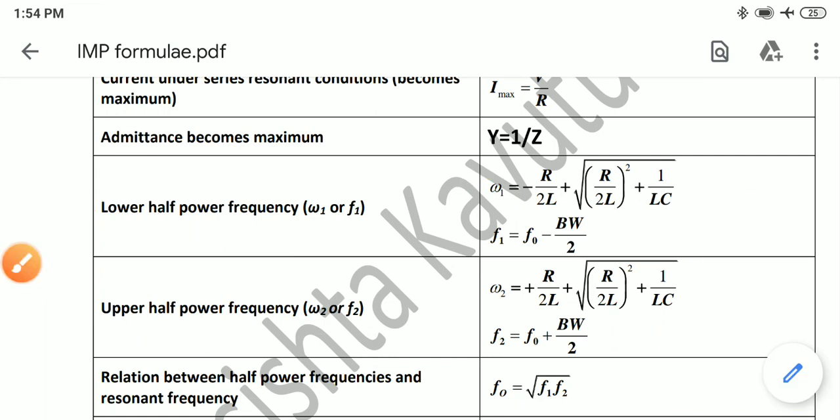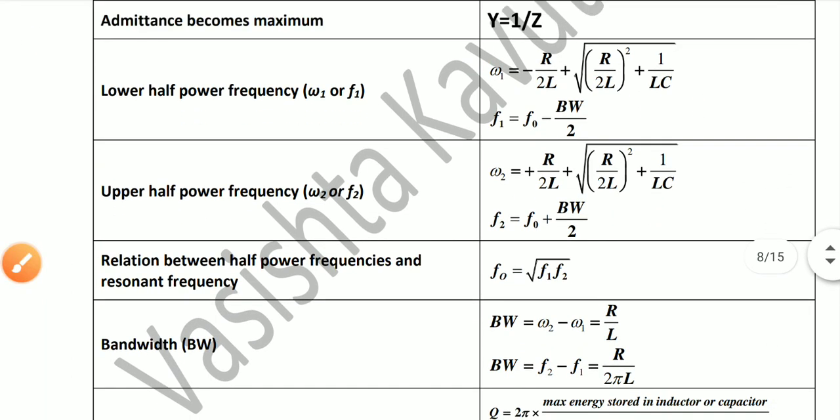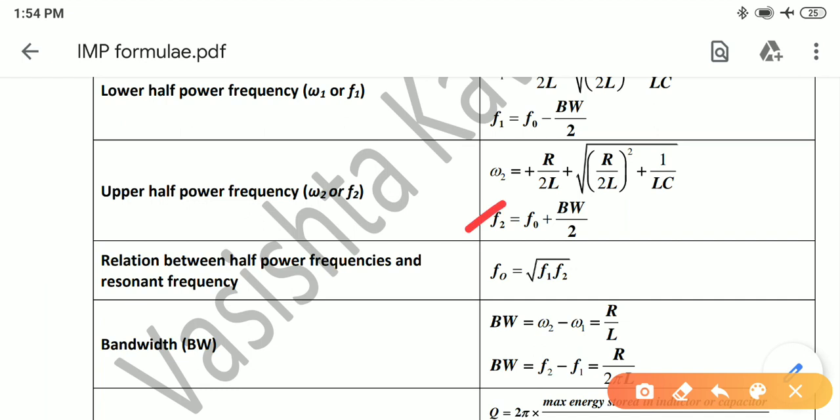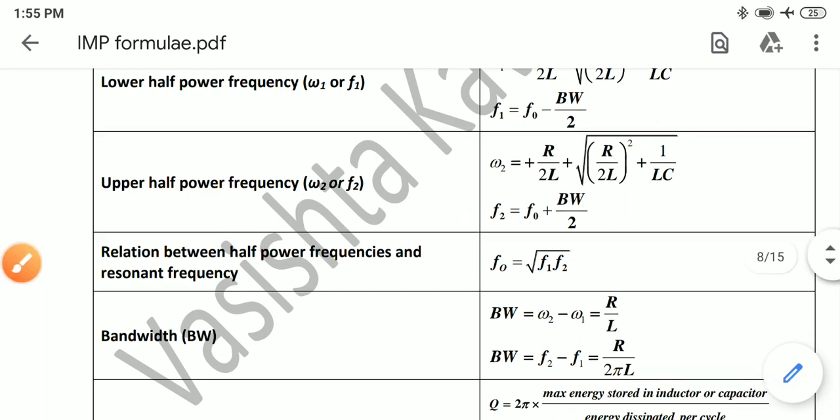And in terms of F2, F2 is F0 plus bandwidth by 2. Next, the relation between half power frequencies and resonant frequency is F0 is equal to root over F1 F2, or omega 0 is equal to root over omega 1 omega 2. Both are the same.